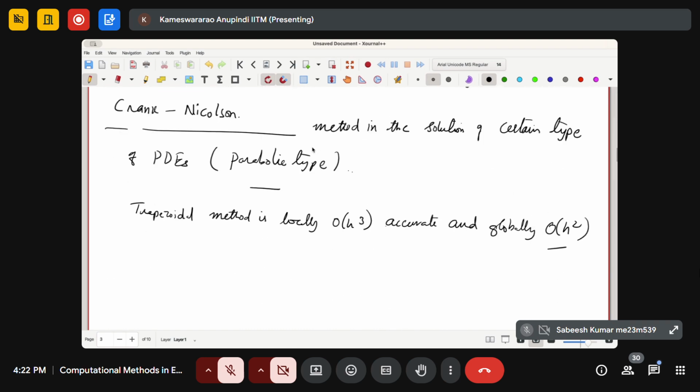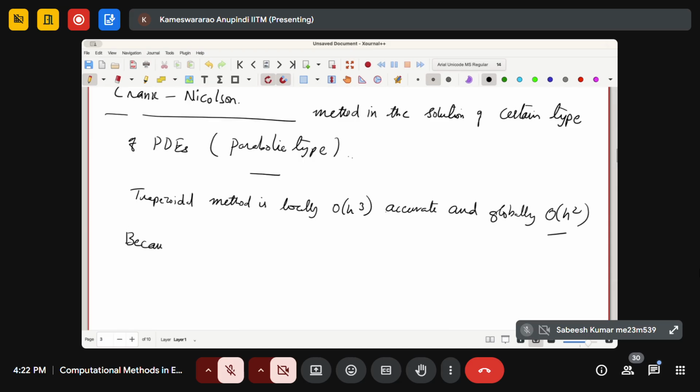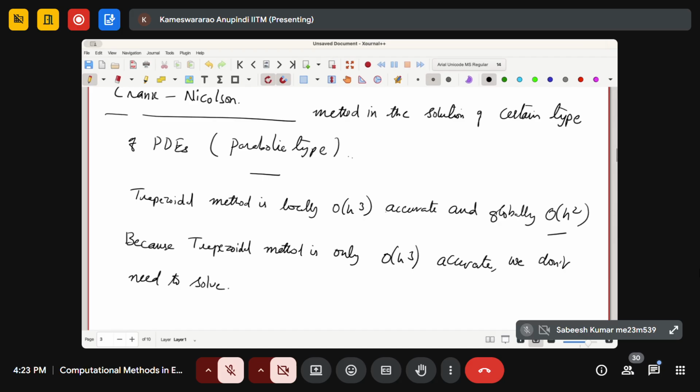Because the trapezoidal method is only order h cube accurate, we don't need to solve the equation exactly or to machine precision, that is whatever the computer's precision.